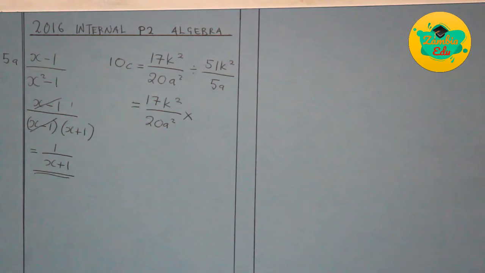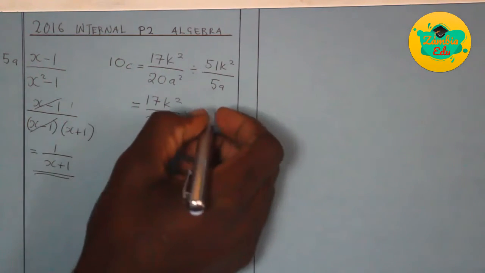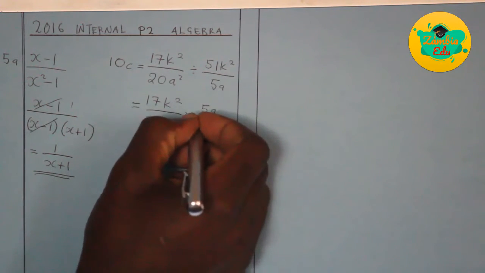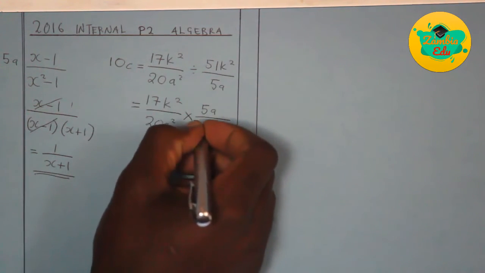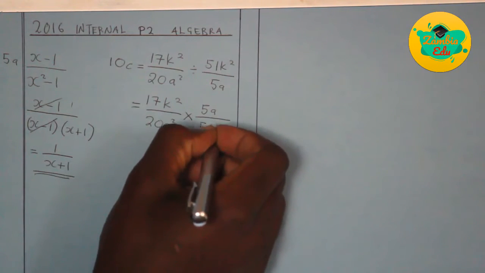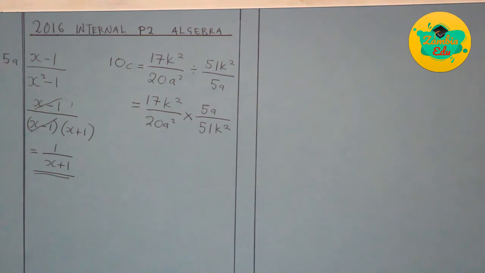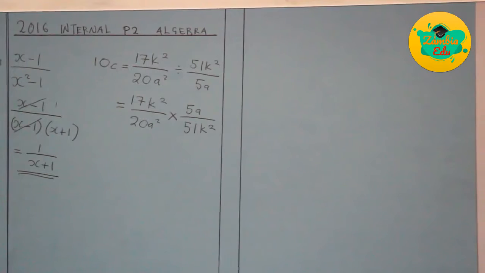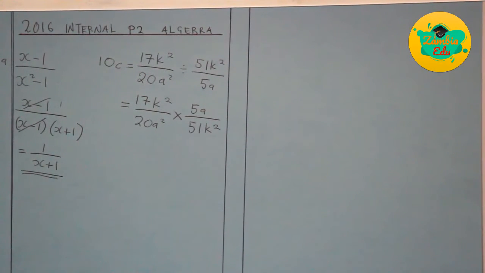So once you introduce a multiplication sign there, what becomes of this is the 5a goes on top over 51k squared coming at the bottom. In that way. Having done that, now we are going to expand the values that we have so that we are able to solve them properly.